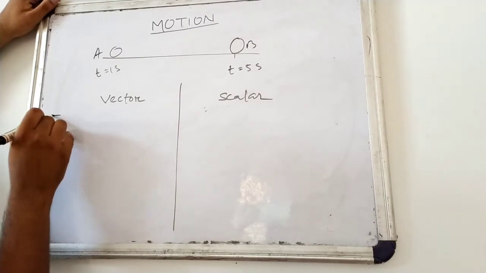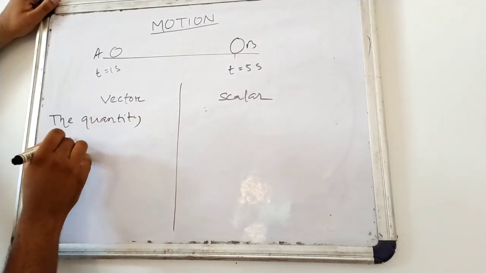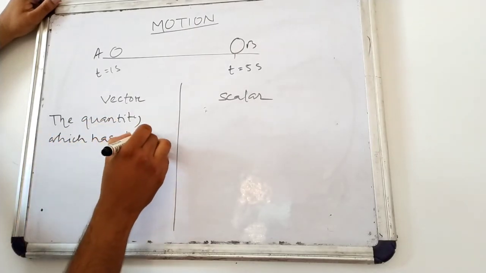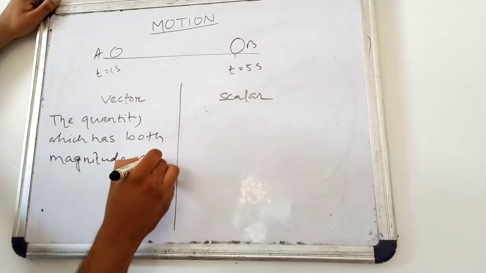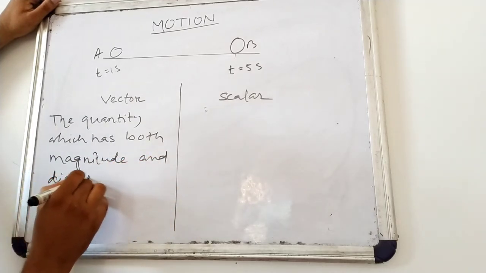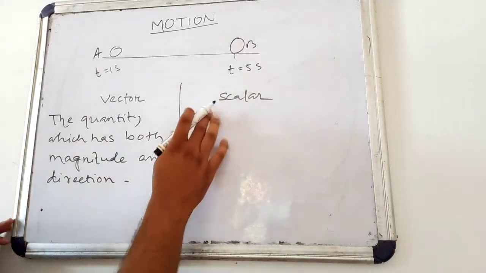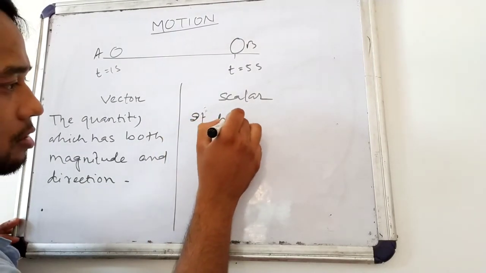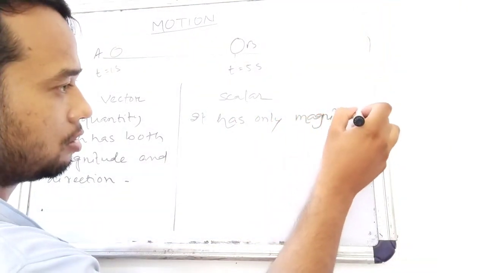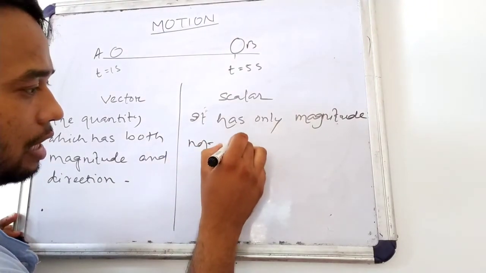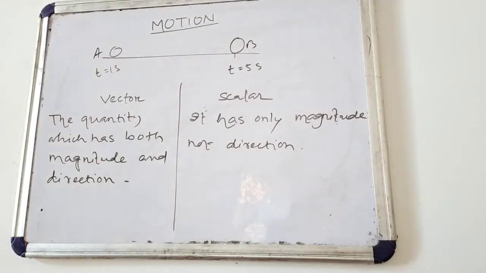The quantity which has both magnitude and direction, that type of quantity is called vector quantity, and scalar quantity has only magnitude, not direction. Okay, then that type of quantity is called scalar quantity.